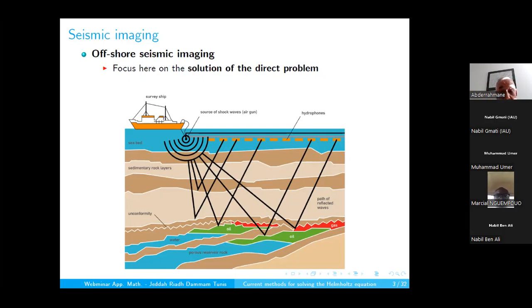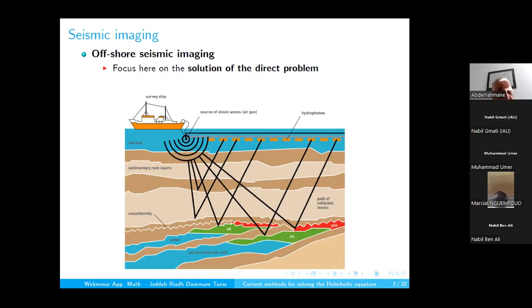And the solution of the direct problem consists of: you start from an expected or an anticipated medium, and given the emitted wave, you reconstitute by calculation the signal received by the receivers, and you then obtain a synthetic seismogram.